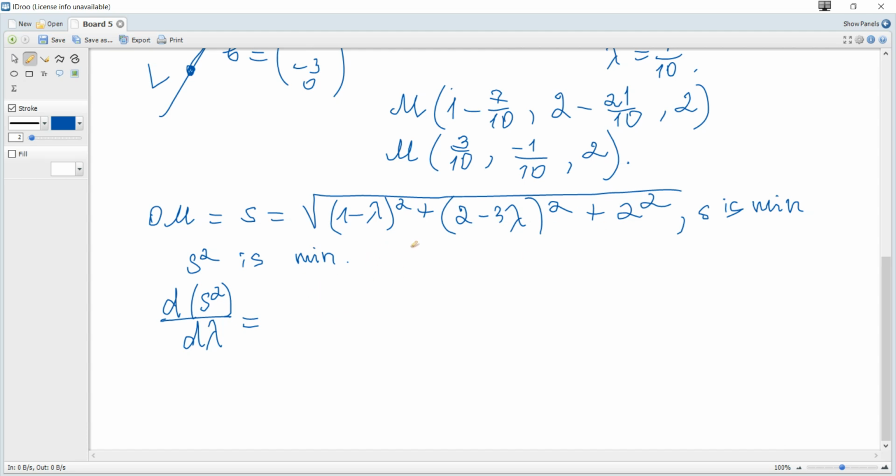So you can open parentheses and add like terms, or if you use this expression directly, you should apply the chain rule. The derivative of 1 minus lambda squared, by the chain rule, becomes 2 times 1 minus lambda to the power 1 times the derivative of 1 minus lambda, which is negative 1, plus 2 minus 3 lambda multiplied by negative 3, because the derivative of 2 minus 3 lambda is negative 3, plus the derivative of the last term, which is 0, and this is 0.